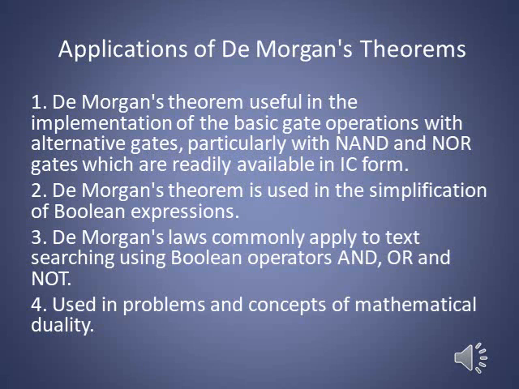De Morgan's laws commonly apply to text searching using Boolean operators AND, OR, and NOT in search engines. The last use is in problems and concepts of mathematical duality, in various applications and examples. In these problems, De Morgan's theorems are used.